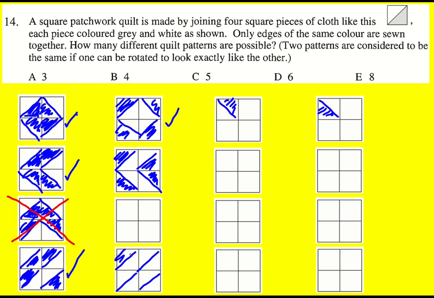And for this one, I can shade in this and then this. So actually that, although I've flipped it around, that's ended up being the same, I've just realized. So I'm up to 5, but that one is repeated under rotation.